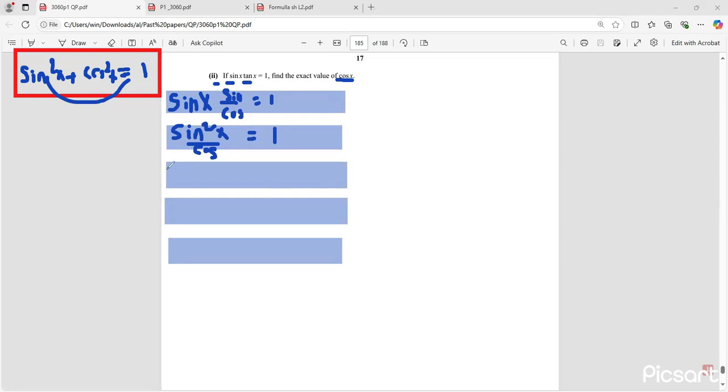Next, number 3. And here, sine squared will be 1 minus cosine squared x, equal to 1, all over, for sure, cosine. Then next, here we're going to split the denominator.